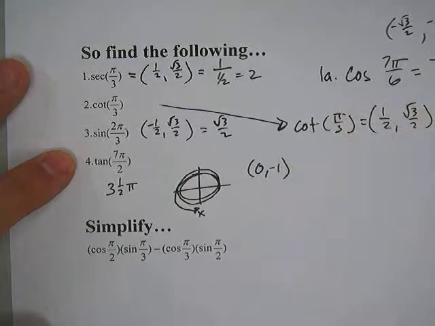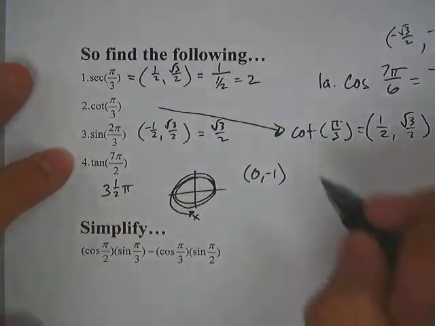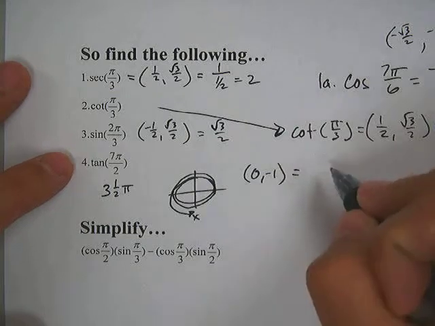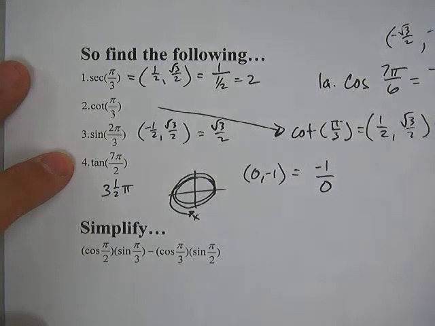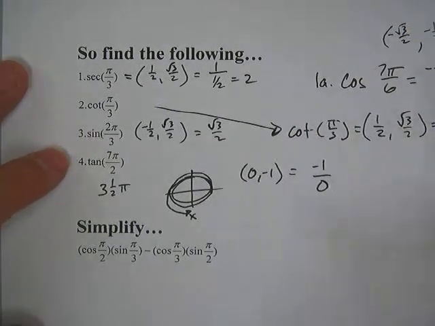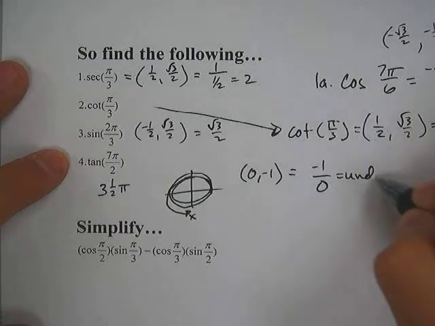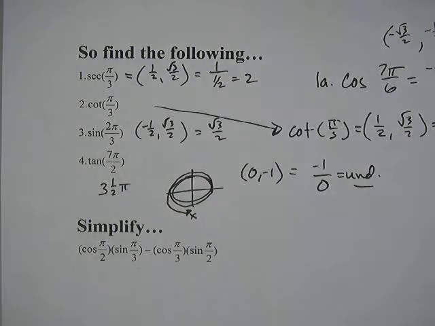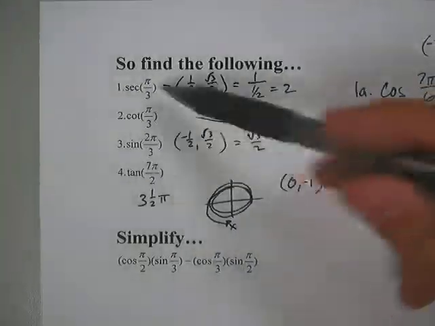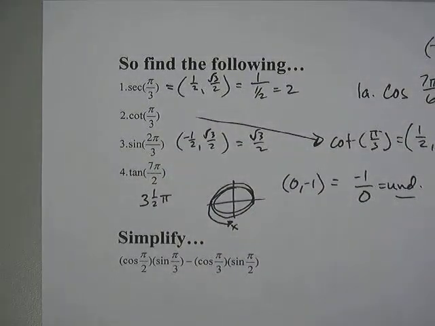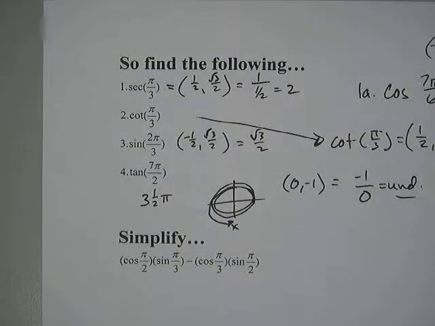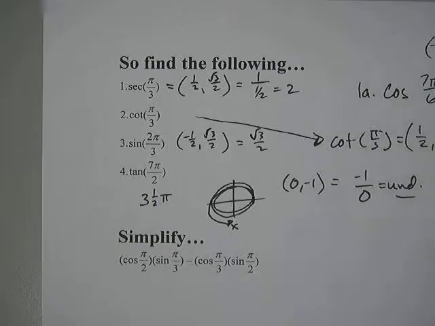So in terms of the unit circle, we're going 1 pi, 2 pi, 3, and then another 1/2. So we're sitting down here. The coordinates for that are 0, -1. Now tangent, remember, is sine over cosine, or y over x, and we all know you can't have 0 on the bottom, so that's undefined.